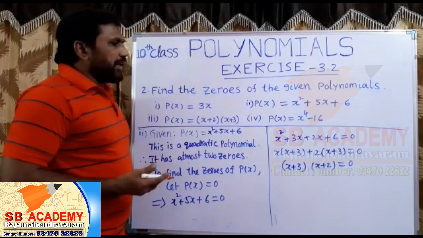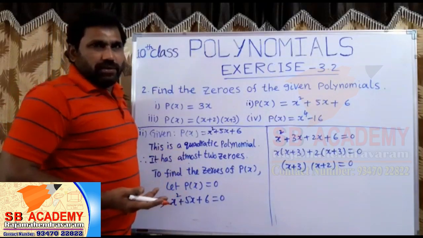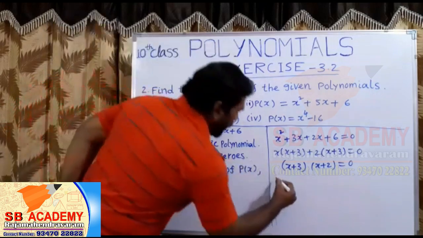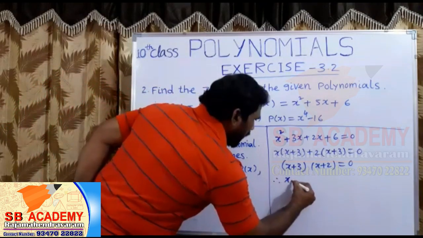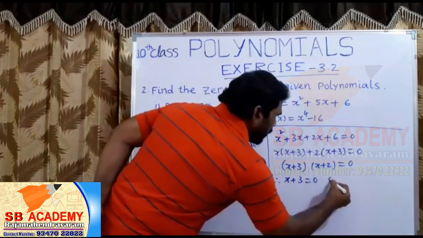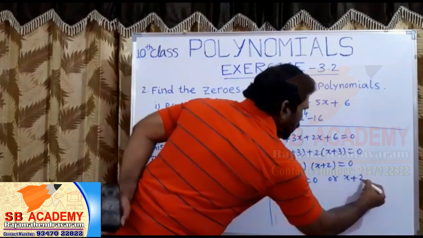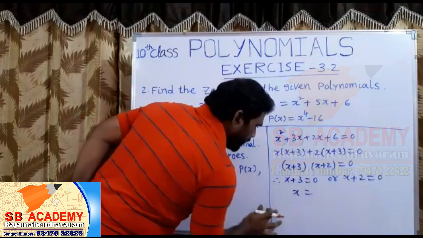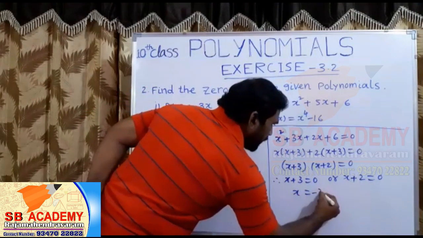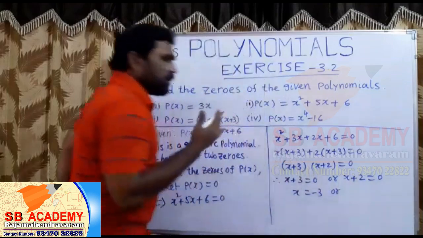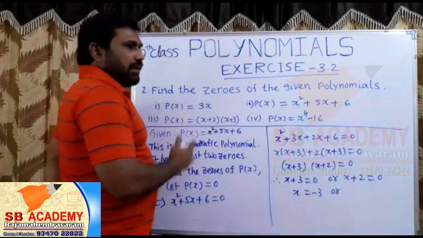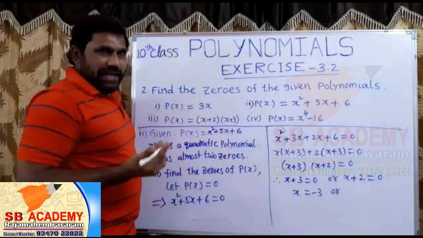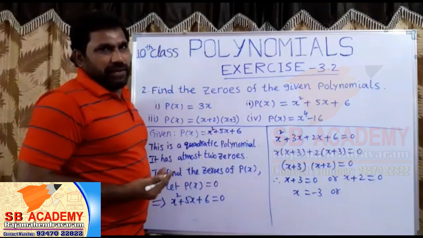Okay, right. If product of any two factors is equal to 0, then each factor should be equal to 0. So therefore, x plus 3 equal to 0 or x plus 2 equal to 0. What is the value of x here? Minus 3. If you transpose plus 3 from LHS to RHS, you will get it as minus 3, right?